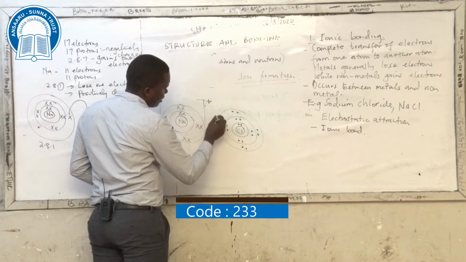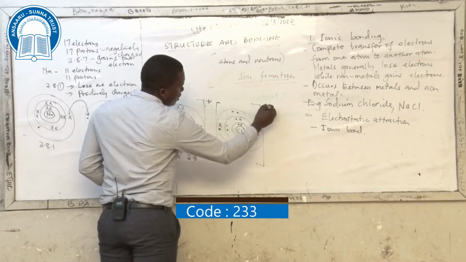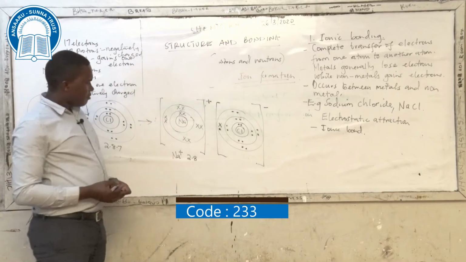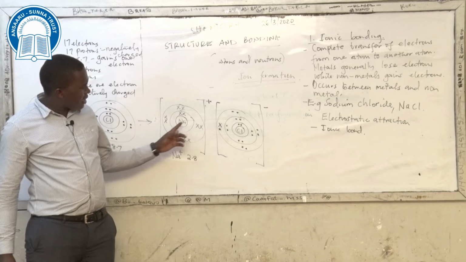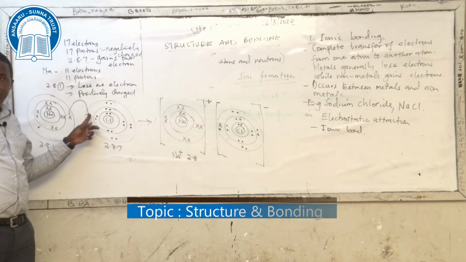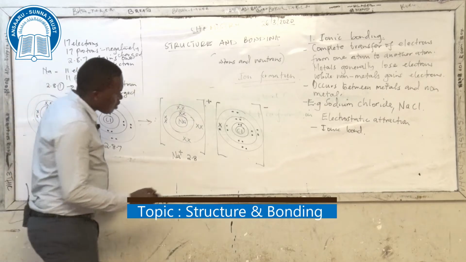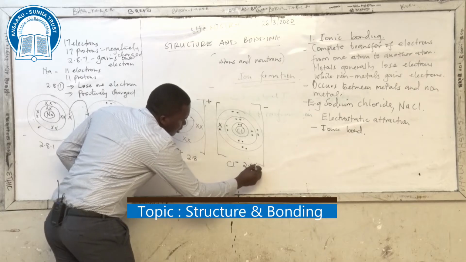Then the visiting electron, which has come from sodium. This one is minus. So you can see there's a visitor here, and this visitor has come from this side. It is this one that has now come to the other energy level of chlorine, and therefore this one is called chloride ion with a negative charge, 2, 8, 8.